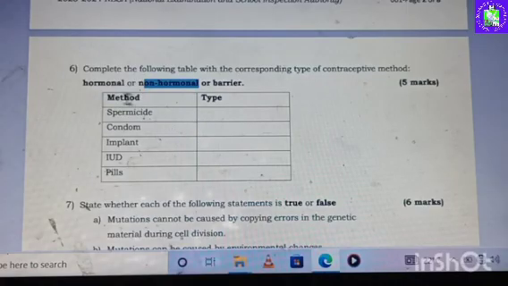It is non-hormonal. Pills are hormonal. When you say hormonal, it comes from hormones or chemical messengers. That is the way you can control or plan a family.